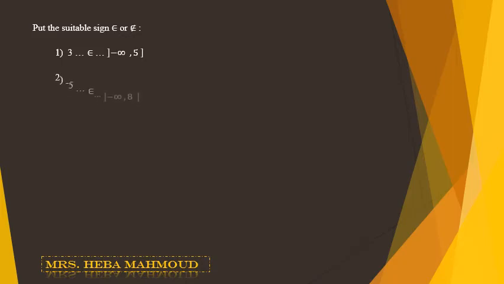Example 2, -5 belongs to the interval from -infinity to 8 open. Yes, -5 belongs to this interval because it is between both of these two numbers. Example 3, 7 belongs or doesn't belong to the open interval from -4 to 5, so 7 doesn't belong.